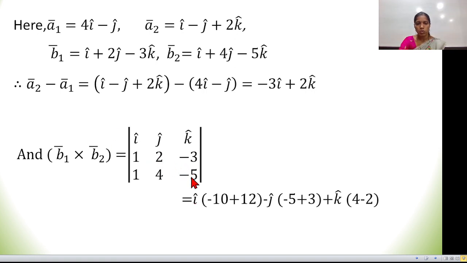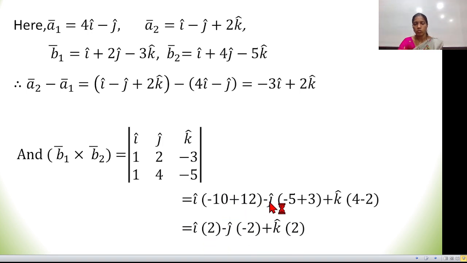Now to solve this determinant of order 3, we get i cap in bracket, cross of these two terms is minus 10, minus of minus is plus 12, minus, here we always take the minus sign, minus j in bracket, cross of these two terms is minus 5, minus of minus is plus 3, plus k cap in bracket, eliminate first row and third column, the value of this determinant is 4 minus 2.